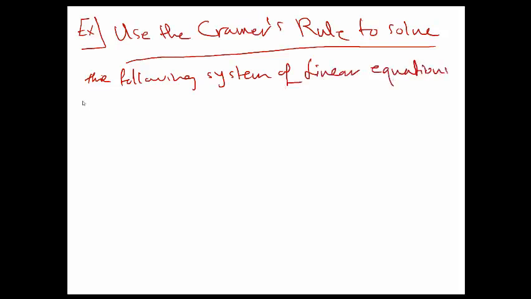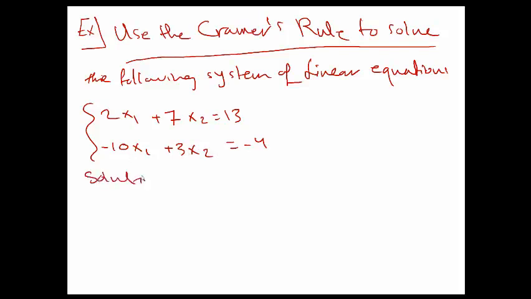This system is 2x1 plus 7x2 equal to 13, and minus 10x1 plus 3x2 equal to minus 4. Solution. We want to use Cramer's rule to solve the following system of linear equations.